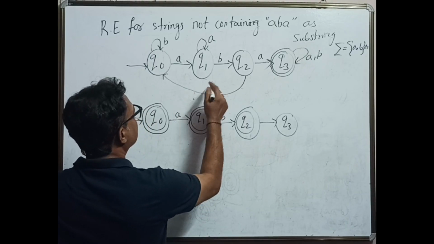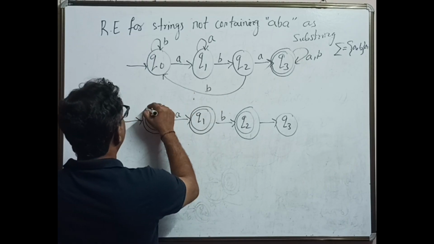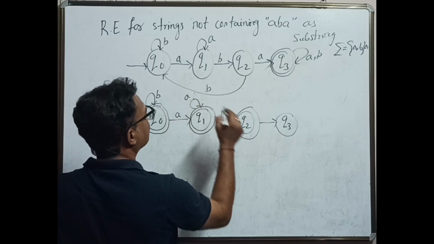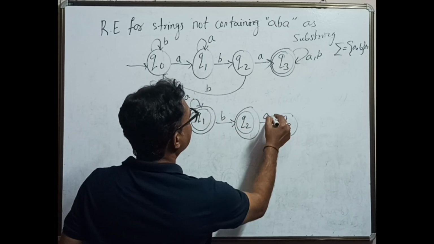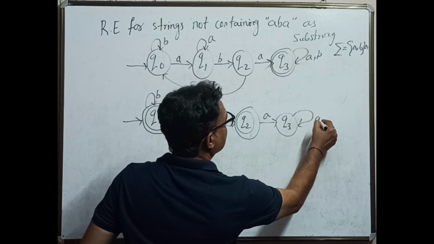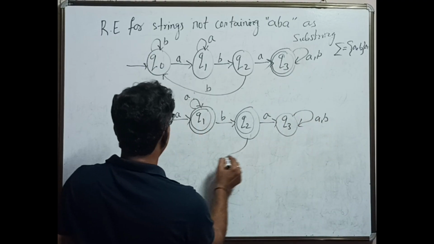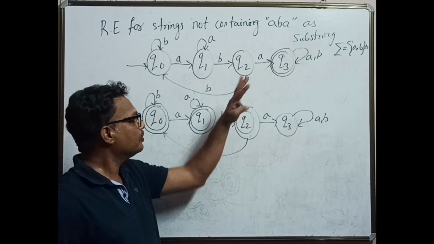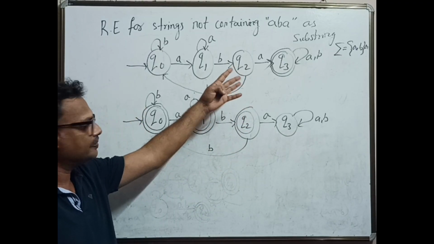Okay, so this I'll write here. Now B, then A, and this is A, this is A, comma B, and this goes back to Q0. Now we have fully reversed the designed DFA.